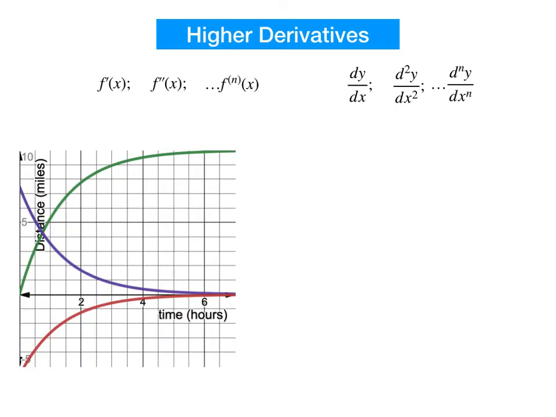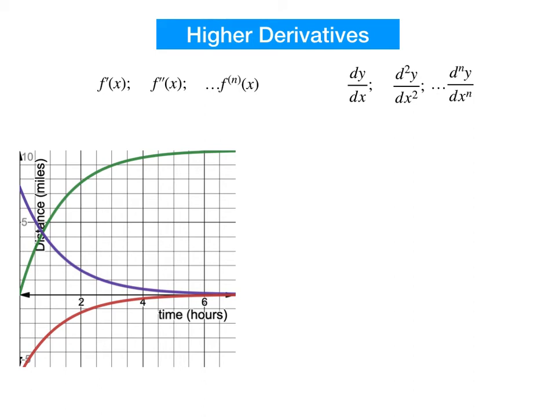Related to the same example, we can discuss higher derivatives of a function. We have the first derivative, we can have the second derivative, which is the derivative of the first derivative, and we can have the nth derivative of the function.